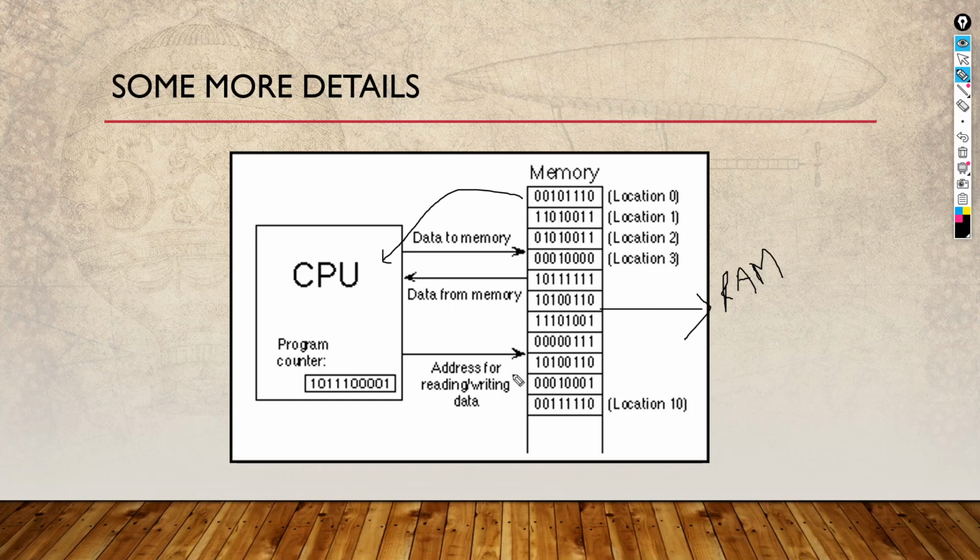And the program counter counts which instruction is now executing, then adds +1 and fetches the next instruction. This is how all the instructions are fetched and executed in the central processing unit.